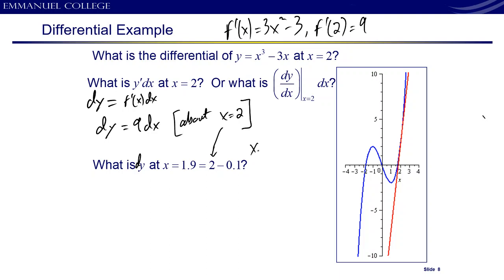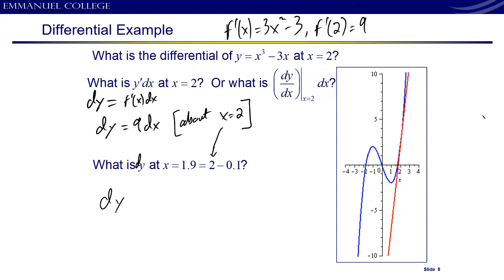So this is our x2 minus x1. So how far away did I move from the point that I centered about? It was negative 0.1.